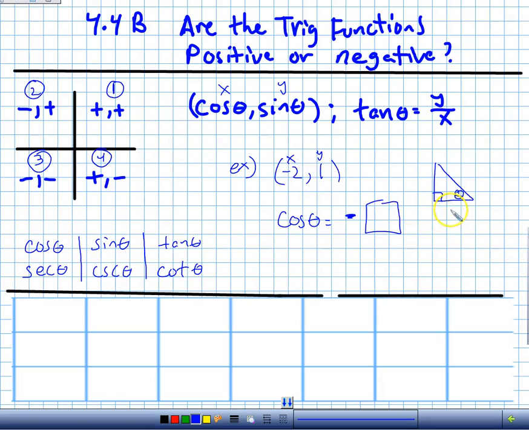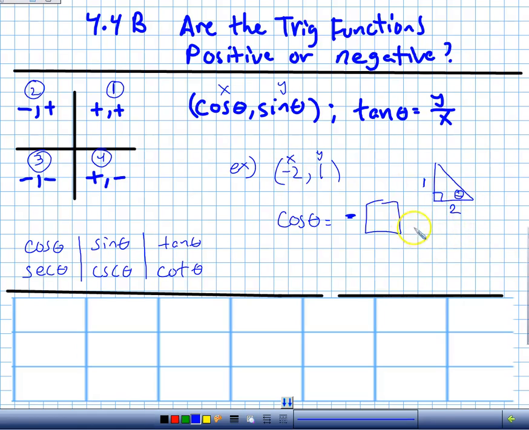So you put a 2 here on the bottom, because this is horizontal. Notice I put a +2, not a -2. Now the y is 1, so the vertical is 1, and we're not going to pay attention to the fact that it's -2.